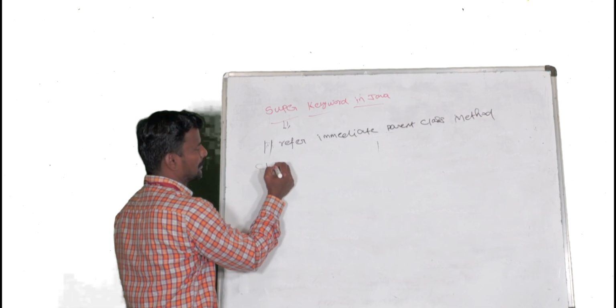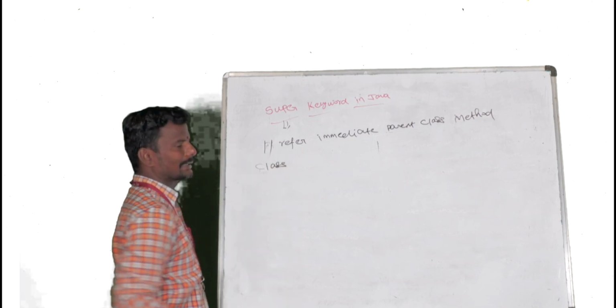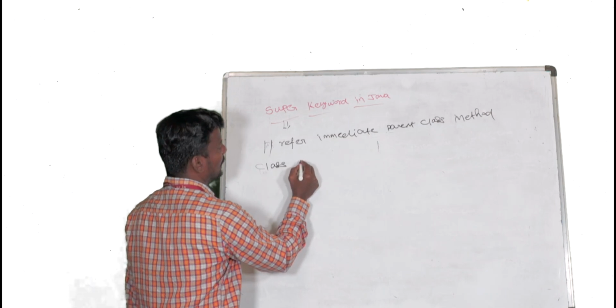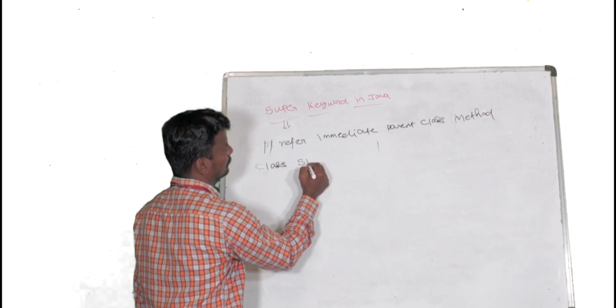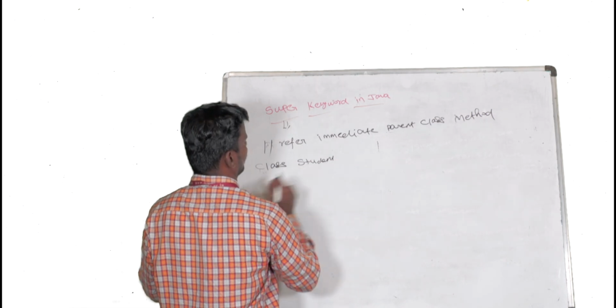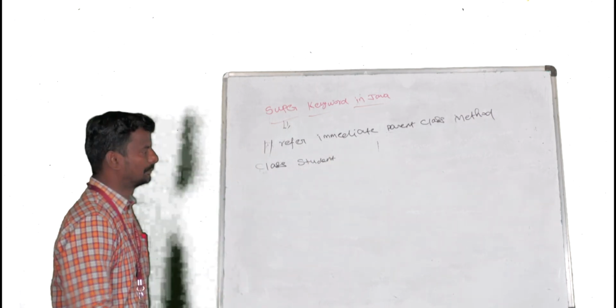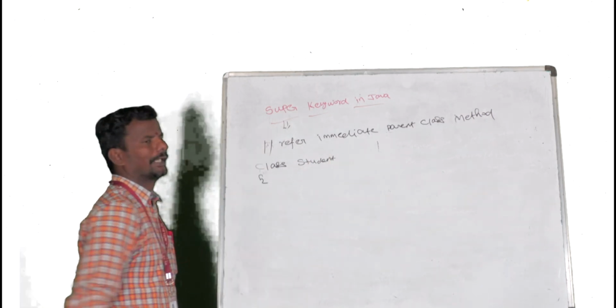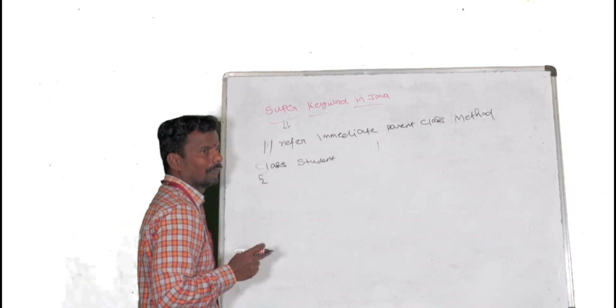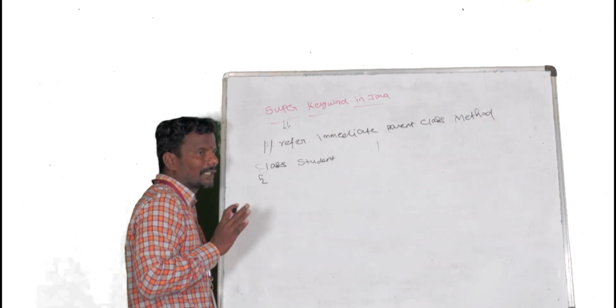By using the keyword class, I define the class name, Student, and next I declare the instance variables. What is meant by an instance variable?